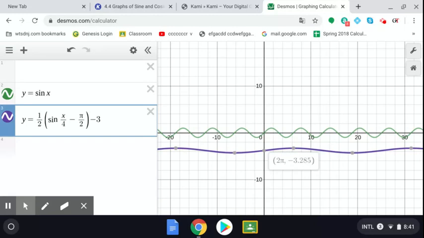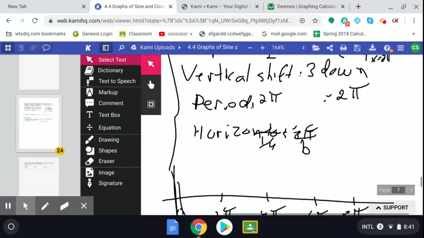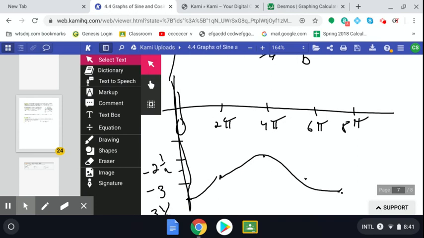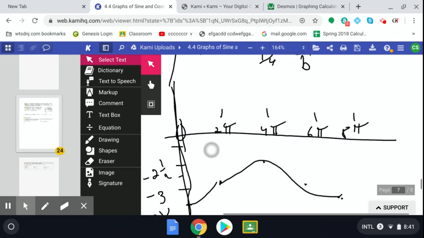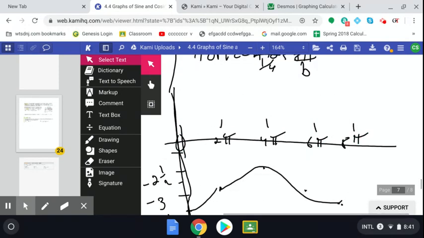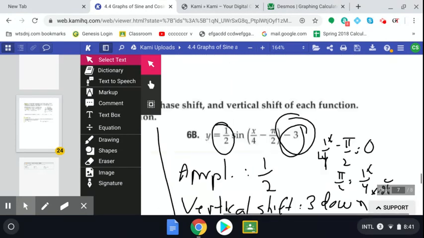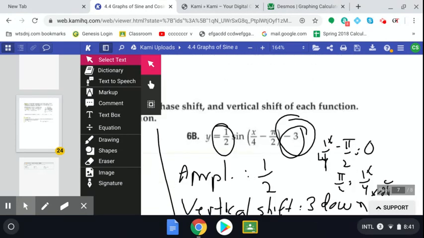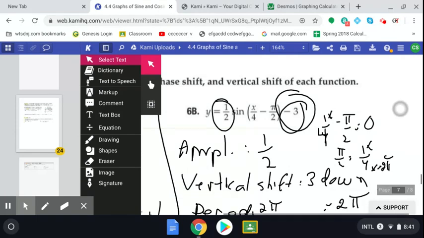So the period is 8 pi, but it starts at 2 pi. You can look at 0 and then the negative 3.5. I don't know what this is doing. Never mind. But you get the idea in any case. I don't know why it's selecting that whole thing. So yes, you have all the characteristics there.